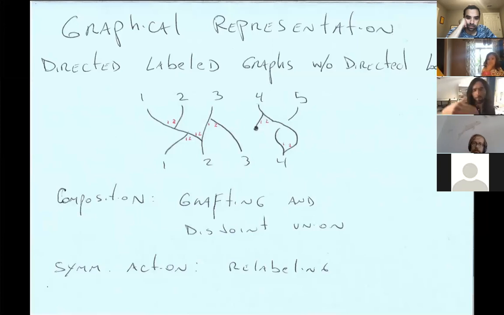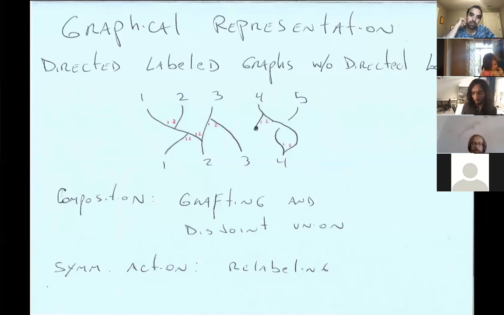Now, similar to the fact that I did not consider the direction explicitly and used the plane to describe it, I could use the plane to implicitly describe the labeling of the interior vertices. So we're always going to go from left to right. And if we need to flip it, well, we could go under, like we see over here, to put it in the canonical order that the plane imposes on us.